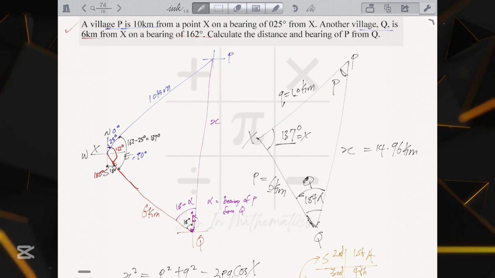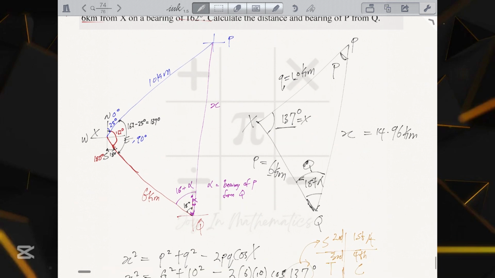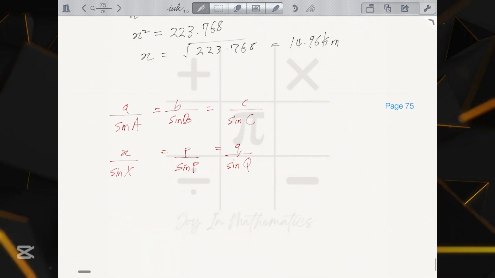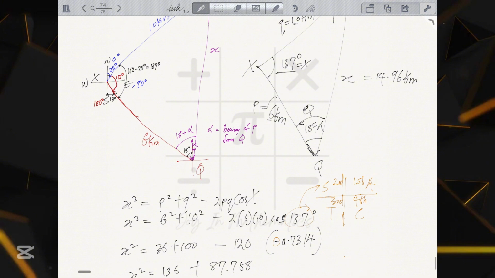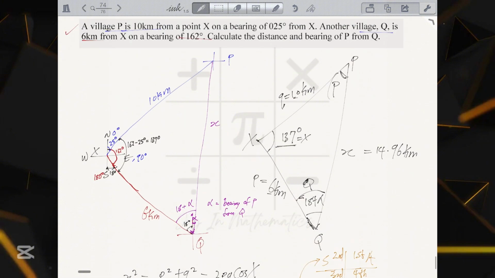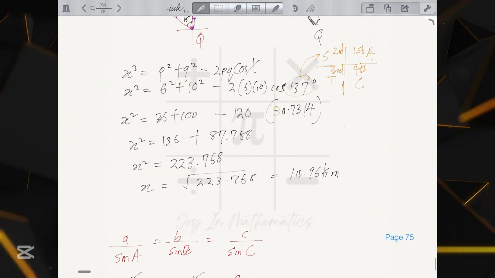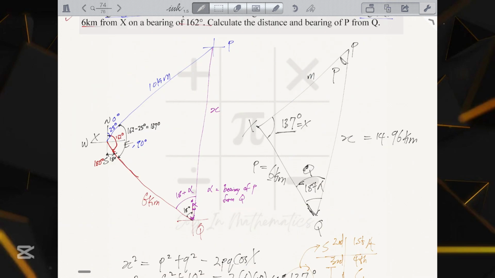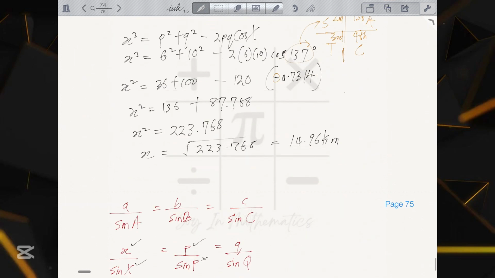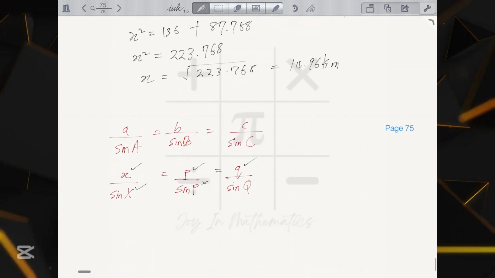So with that, the question now is, we have x and we also have angle x. We have p, but we do not have angle p. Likewise, we have Q, but our angle Q is equal to 18 plus alpha.